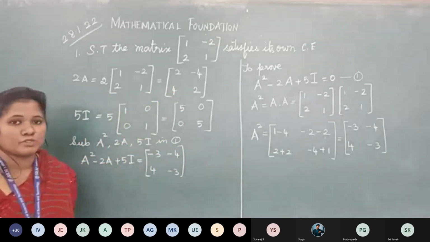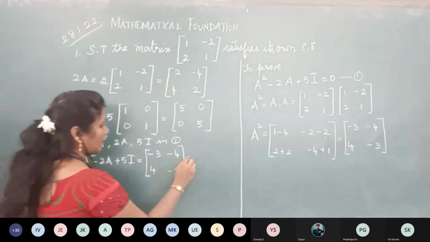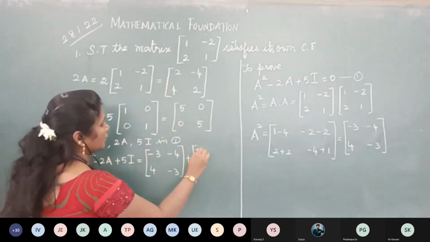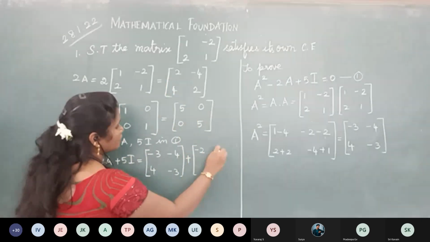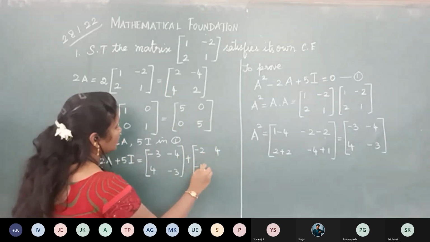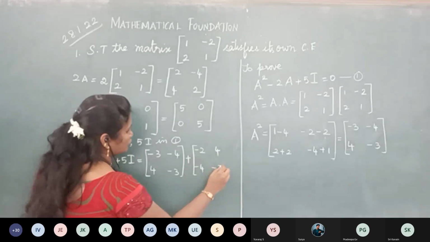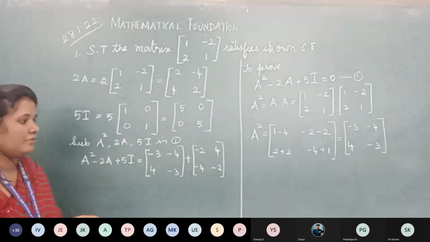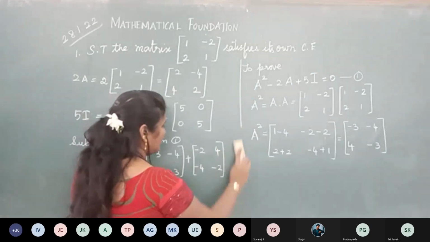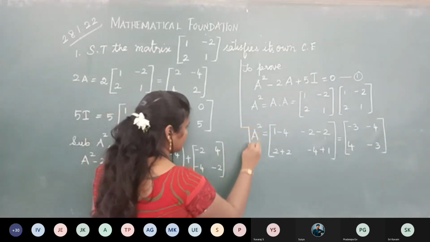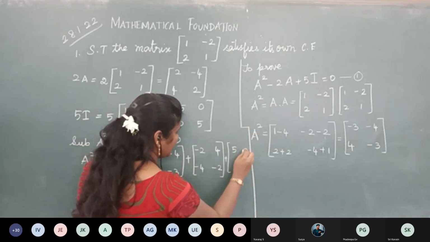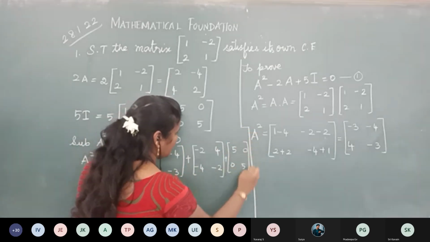Multiplying with minus, it will become minus 2, plus 4, minus 4, and minus 2. Then it is plus 5I, so we'll write 5, 0, 0, and 5.